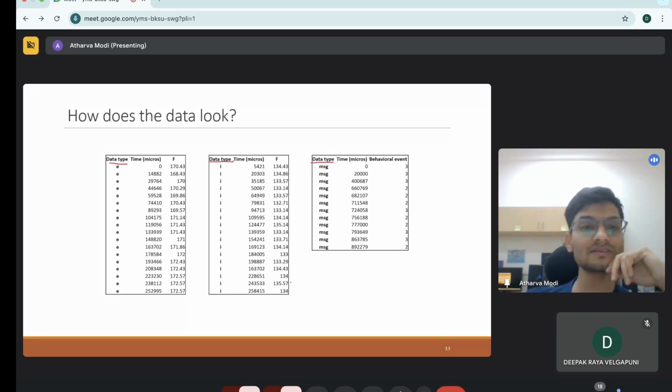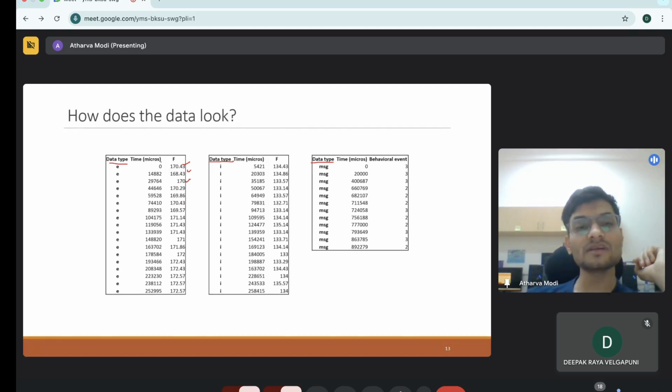There are different messages. The second column is time in microseconds from when you started the measurement, and this F value is the fluorescence that you measure for different excitation or isosbestic wavelengths.